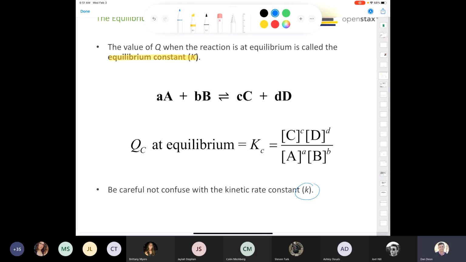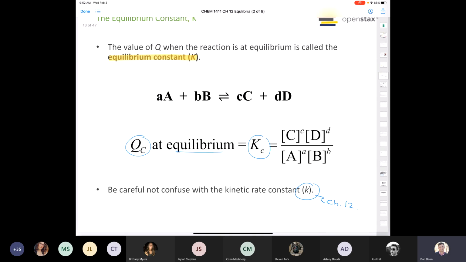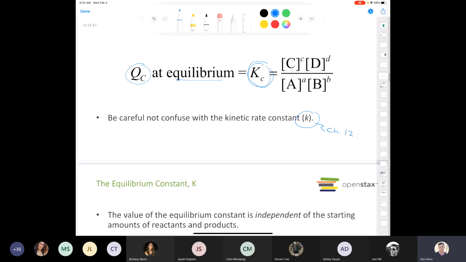That was chapter 12, a rate constant. So again, when we have a reaction quotient at equilibrium, when the concentrations of reactants and products remain constant, that's called the equilibrium constant, and we use the exact same formula that we saw a couple of slides ago. So QC is not necessarily at equilibrium, but if it is, it's called the equilibrium constant, Kc, and we use the same formula that we would for QC.